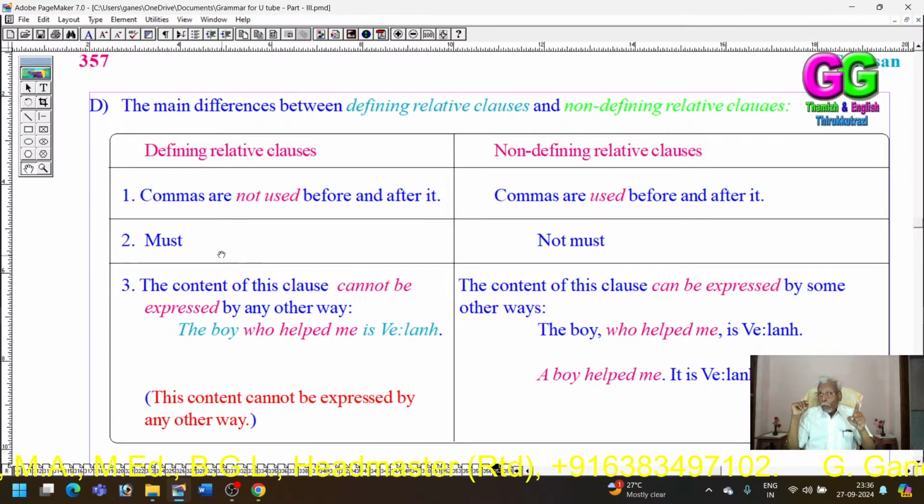The place where a defining relative clause alone can be used, we cannot use any other, whether non-defining relative clause, connective relative clause, or simple sentences. If you have to use a defining relative clause to express an idea, then we have to use only a defining relative clause. But regarding a non-defining relative clause, it is not like that.